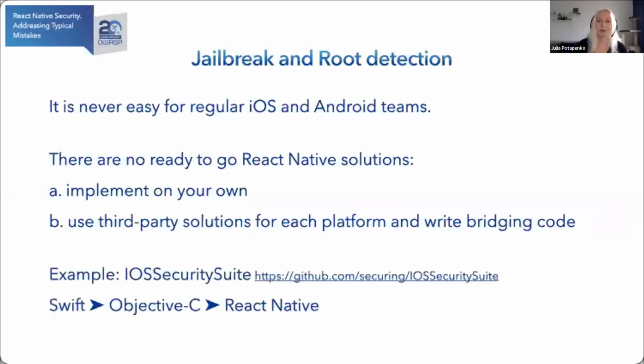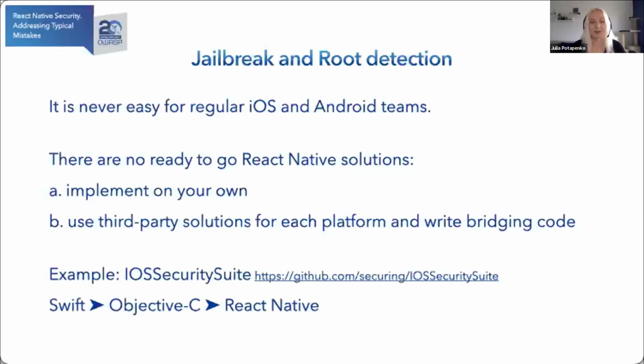For example, this is a very, very good library for iOS security to detect jailbreak, and it follows all the recommendations from OWASP about protection against reverse engineering and tampering. It's called iOS Security Suite. This library is written in Swift, and I really like it and recommend it.